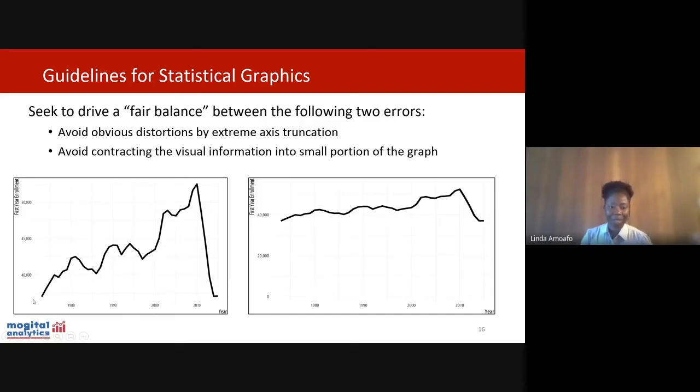It starts from around 35,000, then goes to 40,000, and then 45,000. So it is truncating all the way to 35,000. In here, we see a steep increase as the years increase for first year enrollment.